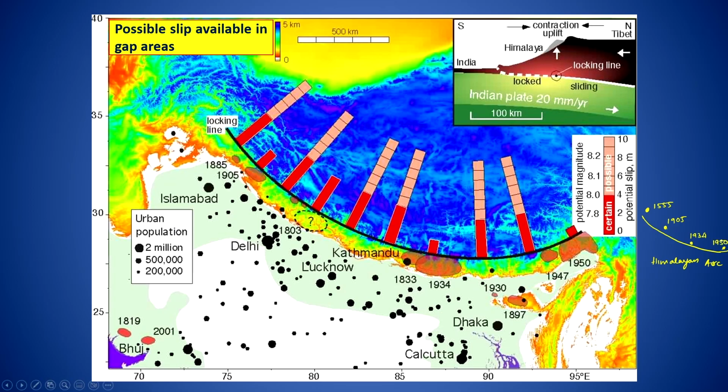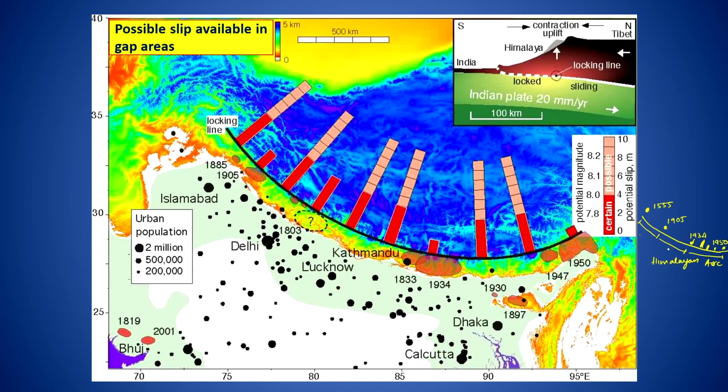Now, based on this, what they suggested was that the area which exists between these major earthquakes is your seismic gap, where we have the potential of having earthquakes. These areas have potential, whereas the earthquake areas have released the strain. So this is the Kashmir seismic gap.